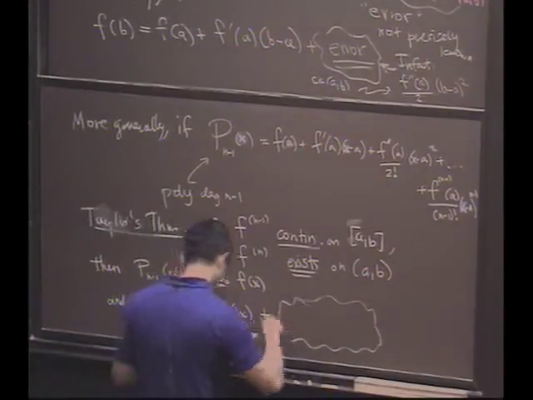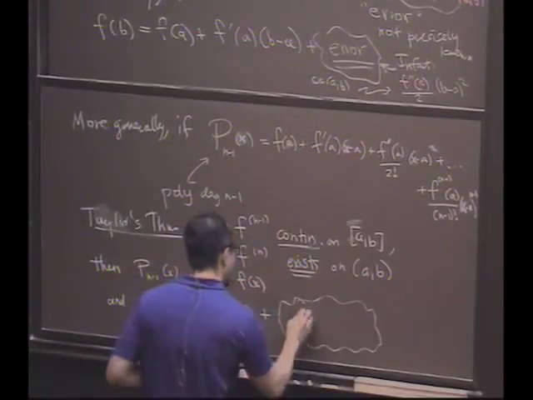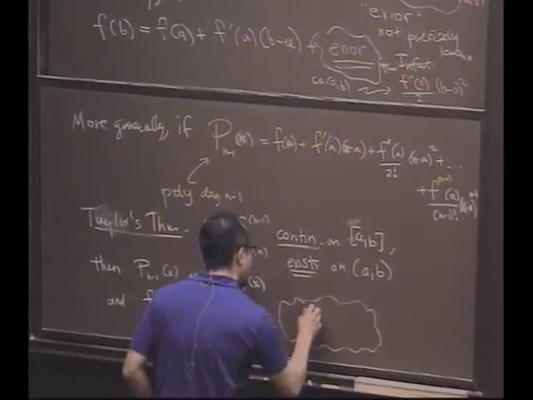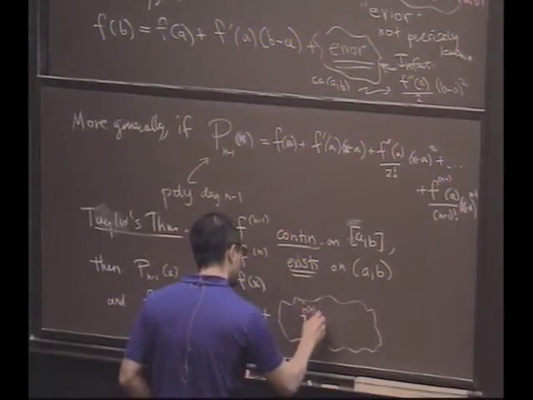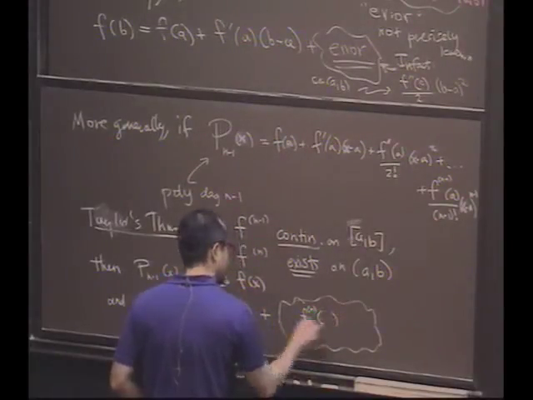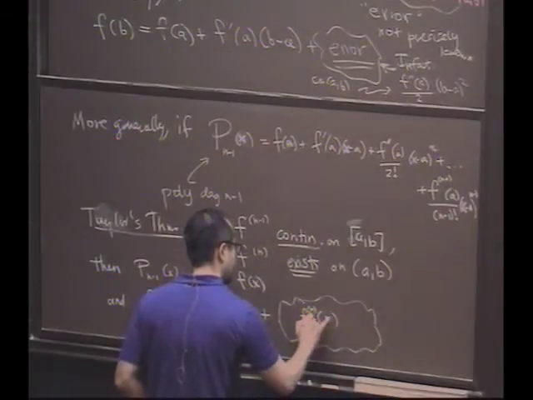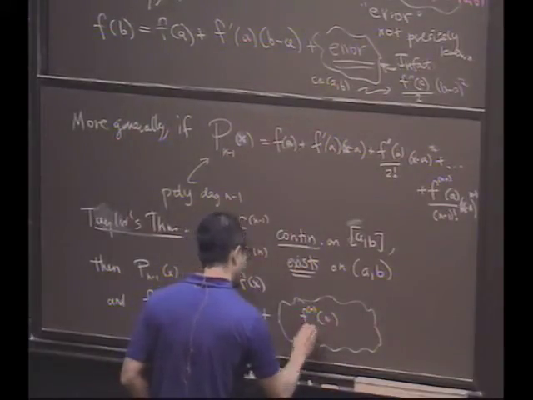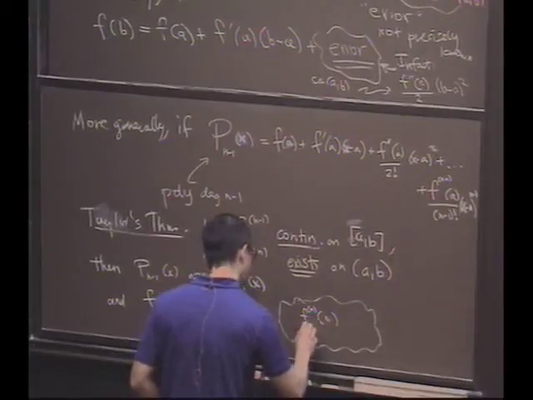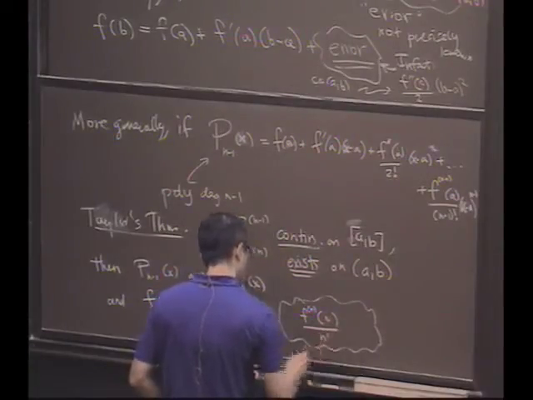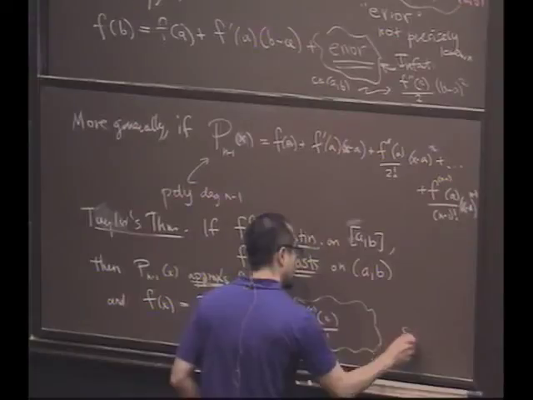I claim this is going to be really quite small. Well, it'll be the nth derivative at some mysterious point c. We have no idea exactly where that point is, but I do know that it will live between, where?